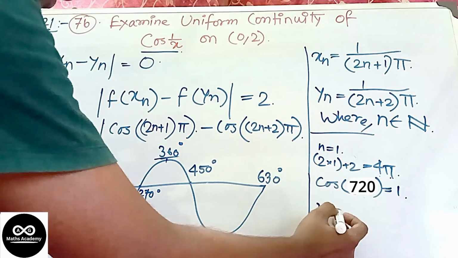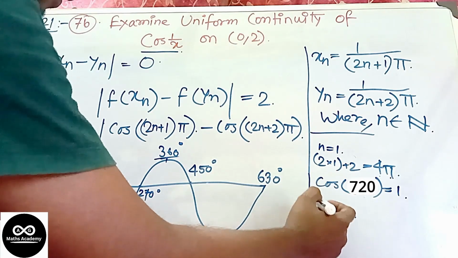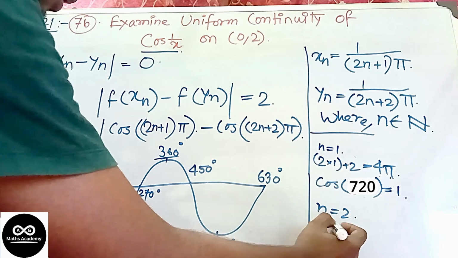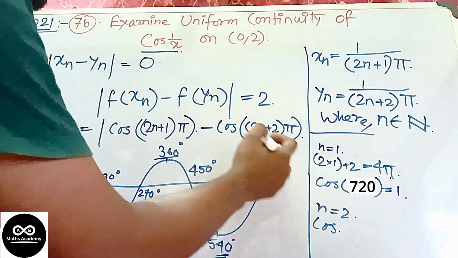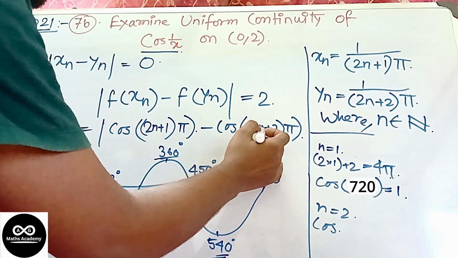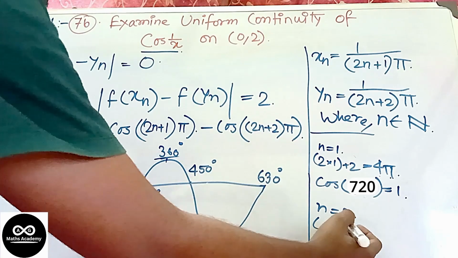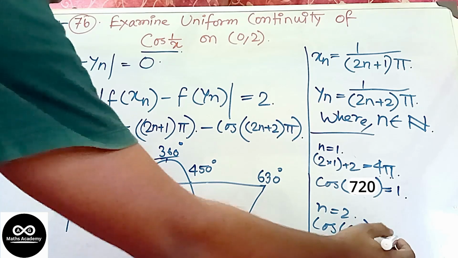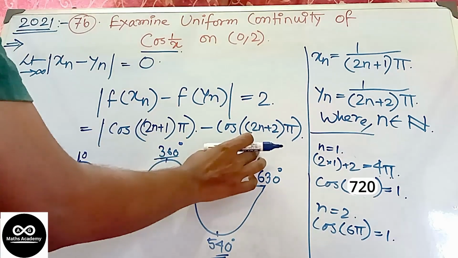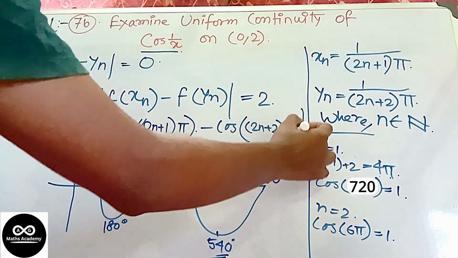Okay. For n equals 2, this will be cos of 2 into 2, 4 plus 2, 6. This will be cos of 6 pi, which will be again 1. So this is going to give us 1.